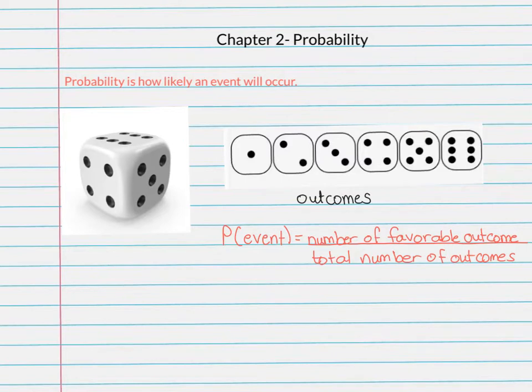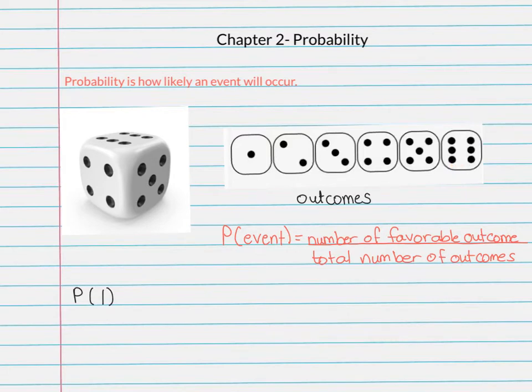You rolled your dice one time, and they're asking you what's the probability of getting the number 1. Roll your dice one time. Before you start any probability question, we need to agree from now on, you need to find first the total number of outcomes. Here, if I roll the dice, I will get 6 possible outcomes. Either I will get number 1 or number 2 or 3, 4, 5, 6.